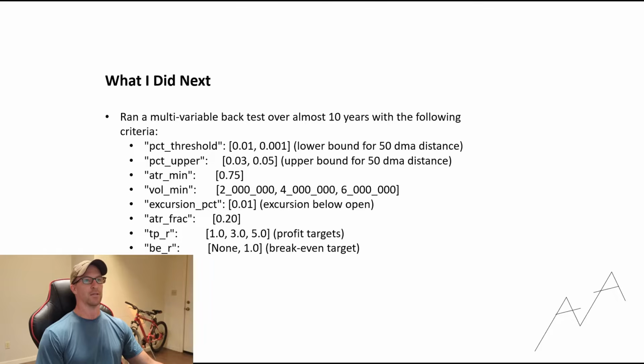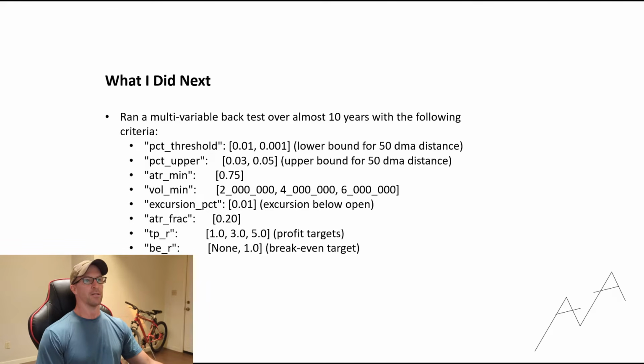So from the open, it's got to go at least 1% below the open for it to count as a lower excursion that you can play a reversal off of. The ATR, that is just the thing that Doug said in the video, where it has to be at least 20% of the 14-day ATR. I didn't change that. I did test that a few times, I tested what if it's a little less, what's a little more? It didn't really make a difference. So we just left it at 20%.